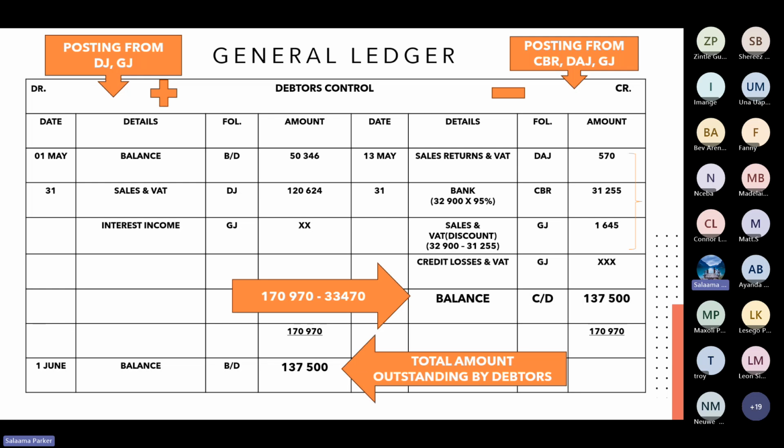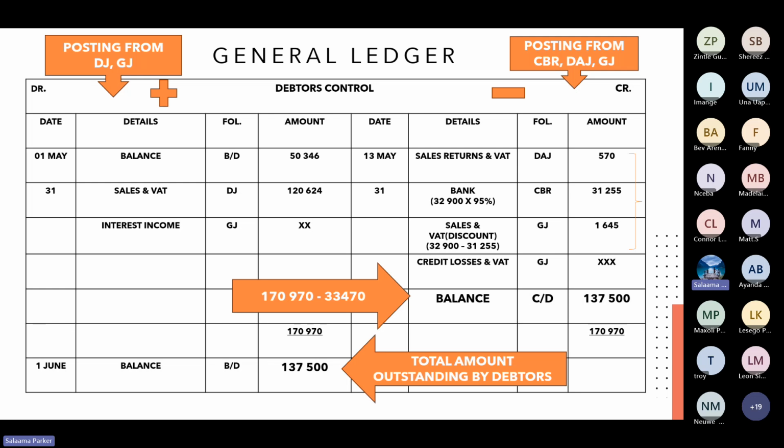Debtors is an asset, it has a debit balance, and in this scenario the balance was given to us, so you will record the balance, and now you're going to be posting from your subsidiary journals.